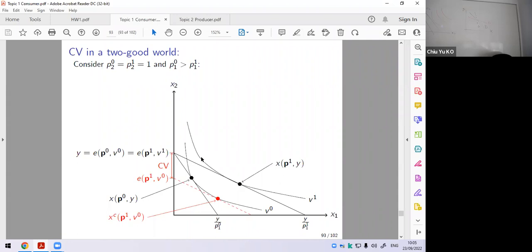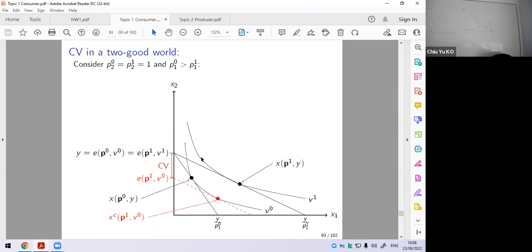If good two has a price of 1, in that case, when you consume nothing of good one, how many units of good two do you consume? It is exactly Y, because P2 times X2 is actually Y, because the price of 2 is 1. And that is the expenditure, the same as this point.